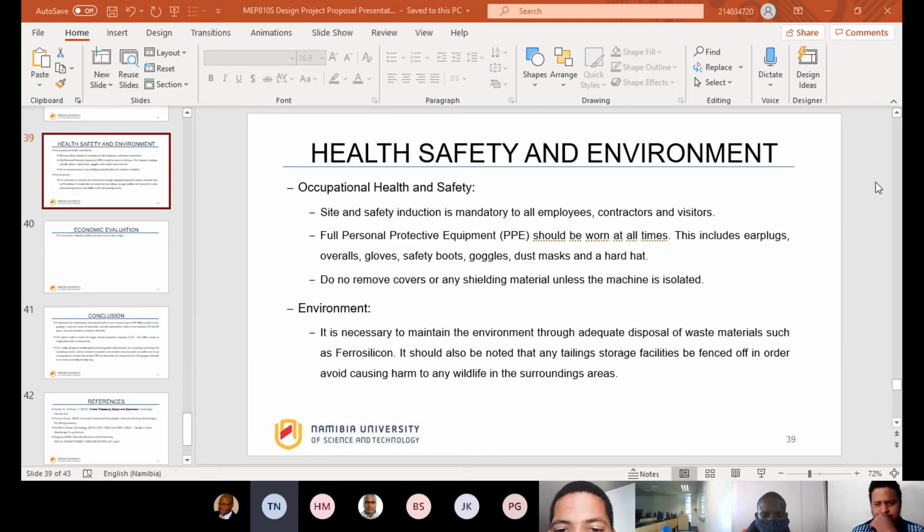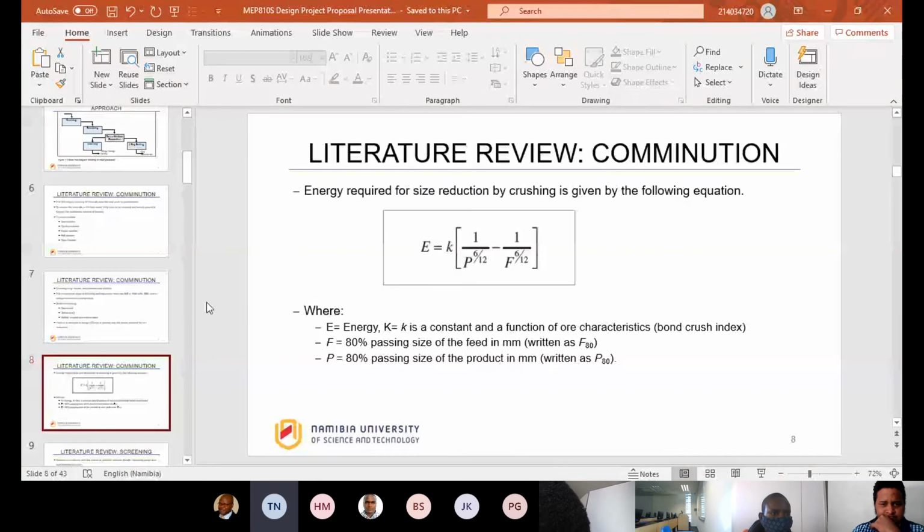Good morning, everyone. I think on slide 8, they mentioned that comminution doesn't apply, the famous Bond's law doesn't apply. But when you look at that equation, it's exactly the same as Bond's law. The difference comes in with the work index, but it's exactly the same as Bond's law.